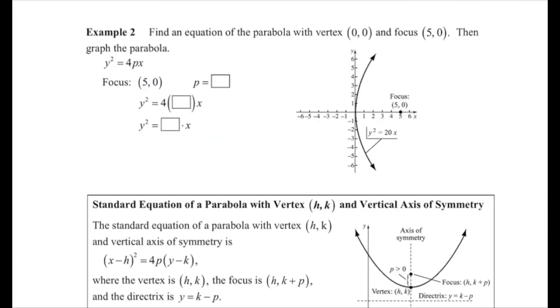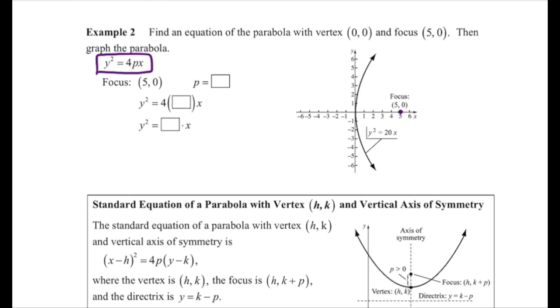Let's find an equation of a parabola if we have a vertex 0, 0, which means that we are centered at the origin, and we have a focus of 5, 0, then graph the parabola. That 5, 0 tells me that it's on the x-axis, so my focus is on the x-axis, so I know I need to use the formula y squared equals 4px.